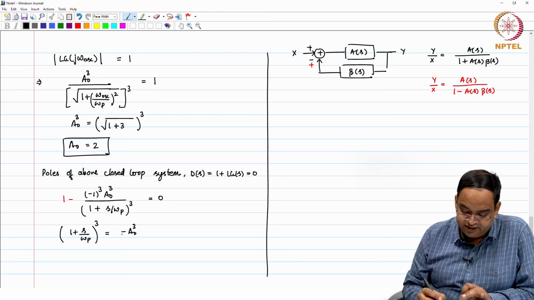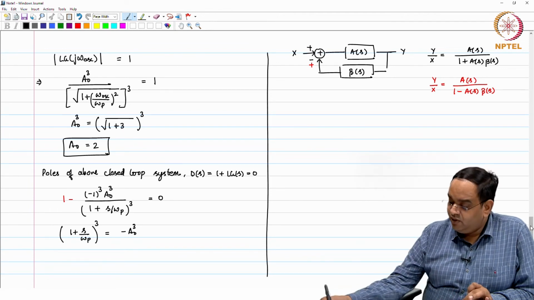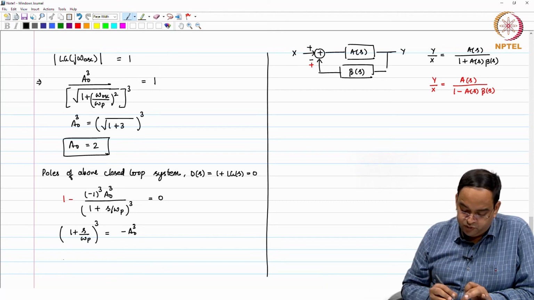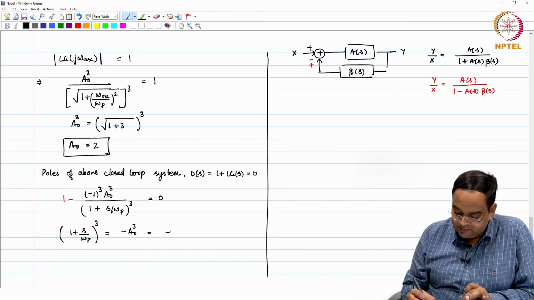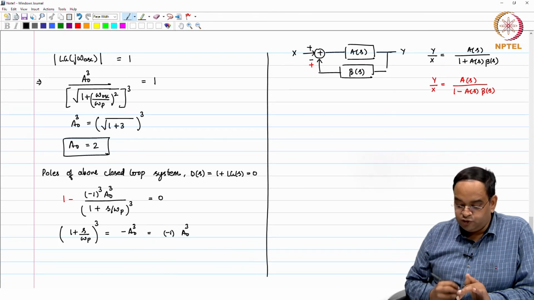Minus 1 cube is minus 1. I am just taking on both the sides, right. So, you have minus A naught cube. Okay. When you have this as minus A naught cube, you can write this as minus 1 and A naught cube. You need to find the closed loop poles.